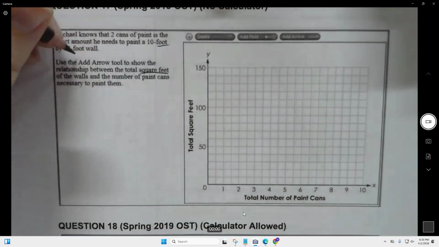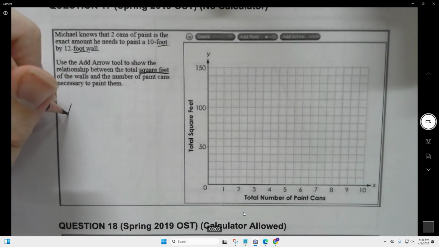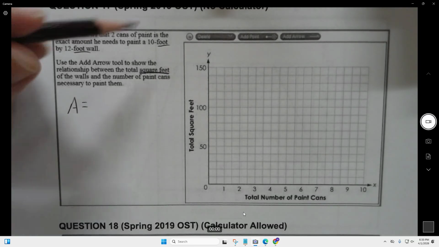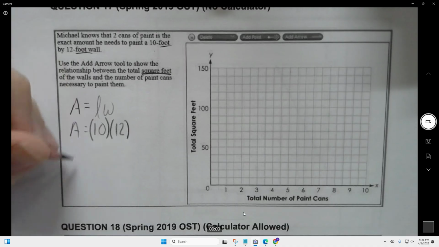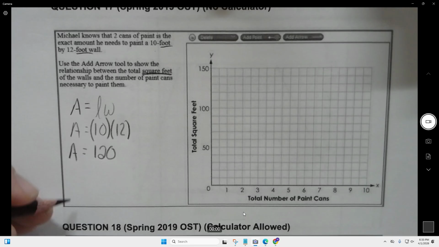What do you think of when you hear square feet? I think of area. So we need to find the area of the wall. The area is length times width, which is 10 times 12. Area equals 120.